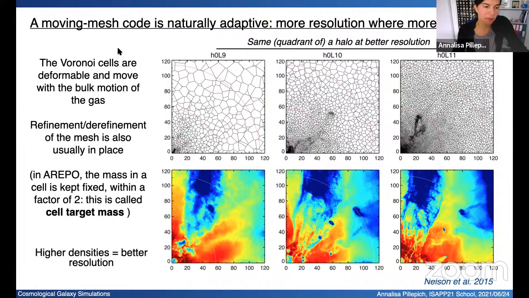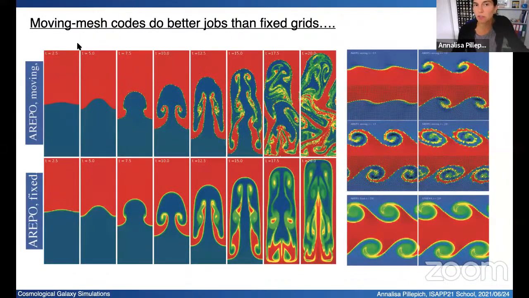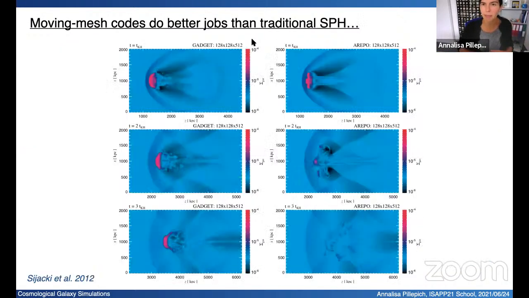And just to give you an idea, as we mentioned earlier, Kelvin-Helmholtz instabilities: moving mesh codes do a better job than fixed grids at capturing these various types of instabilities. And my colleagues, and many other people in the past, have also shown how different test cases result with standard SPH or improved SPH methods versus moving mesh methods.